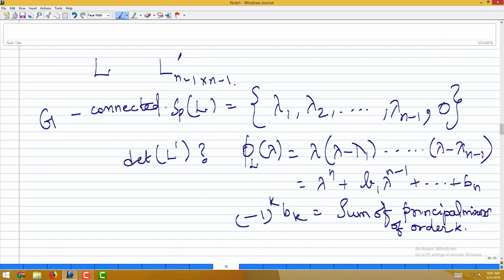We are looking for the determinant of L prime, that means the n minus 1 by n minus 1 submatrix. And we have already stated that if I look at any n minus 1 by n minus 1 submatrix, then the determinants are all going to be equal. So, how does this connect with this statement here?